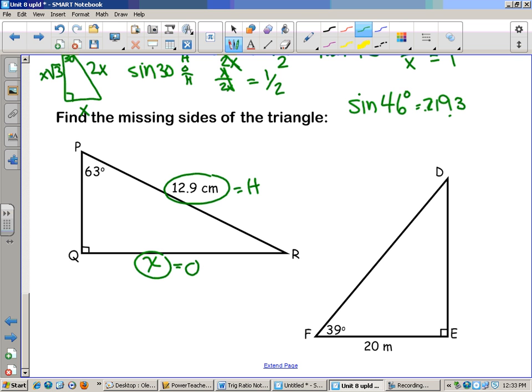Sine, right. So the sine of a 63-degree angle is equal to opposite, which is x, over hypotenuse, which is 12.9. Okay? Now, it looks kind of like I have 2 variables, but sine of 63 is a number. Type in your calculator. What's sine of 63?